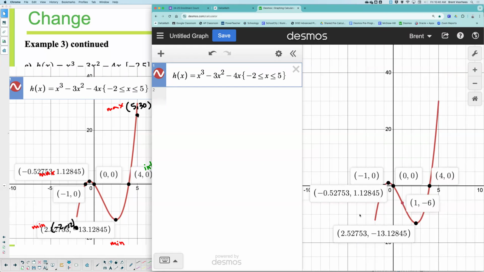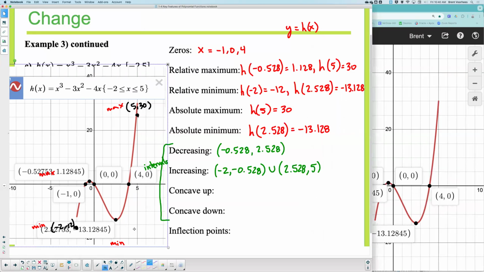It's there. But I'm going to add that point to my graph. 1, -6. I'm going to add that to the graph right here. This is where we're going to have our reflection point. So I'll go ahead and put that as a reflection point. H of 1 equals -6. That's where we're going to switch concavity.